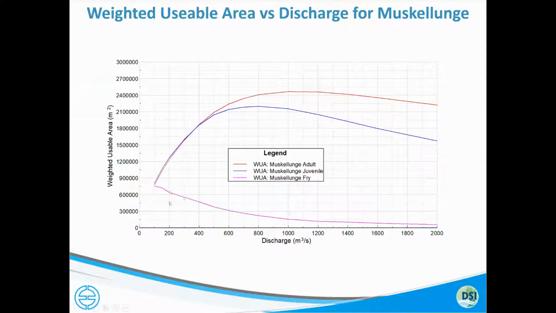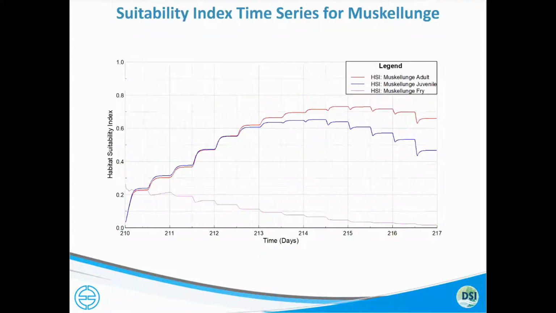The fry like that more quiescent, slower, shallower water, but as the flows increase, they like it less and less, whereas the juvenile and adult like the deeper water and higher flows up to a certain limit. So just different ways to look at these analyses.